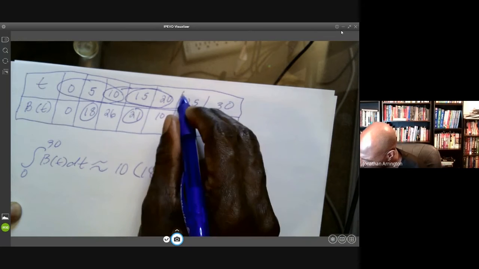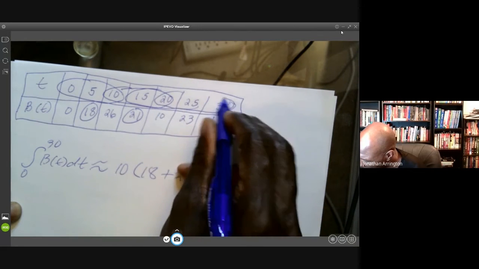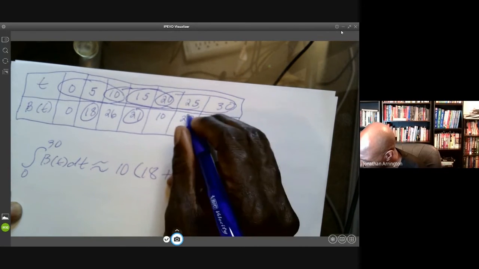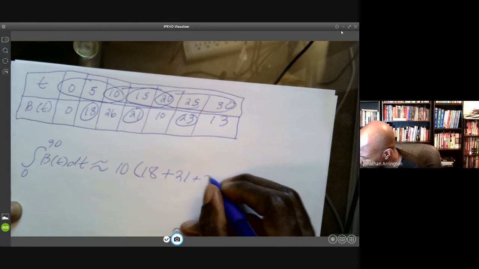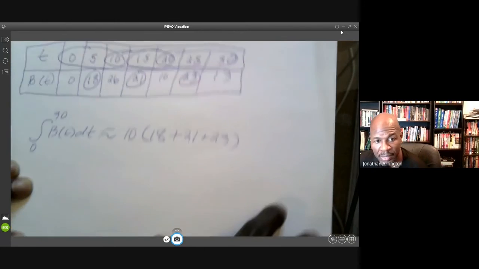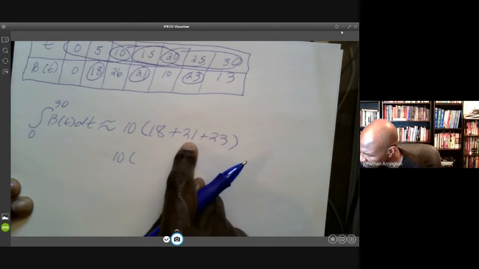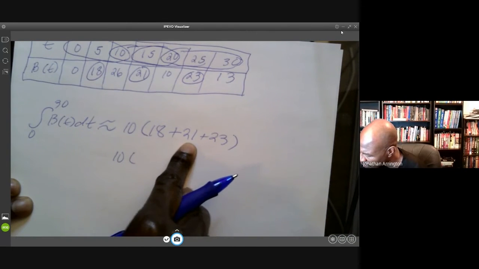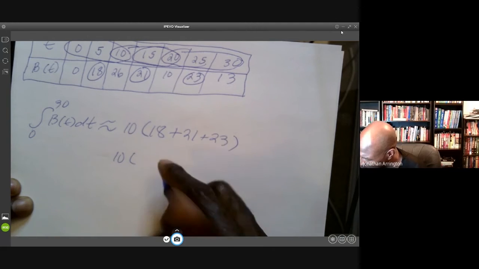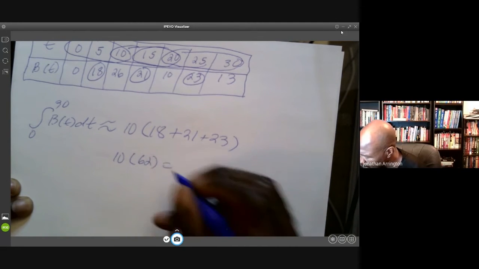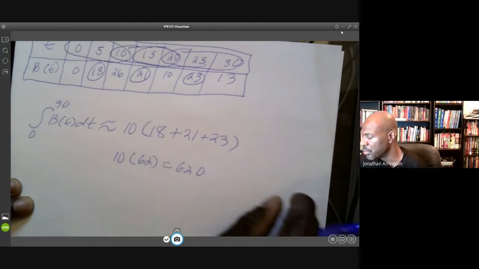And then for my last subinterval, that's 20 to 30, I use the midpoint, so my value is going to be 23. And we'll just do the arithmetic from there. So let's see, this is 39 and 23, that's 62. And 10 times 62 is 620.